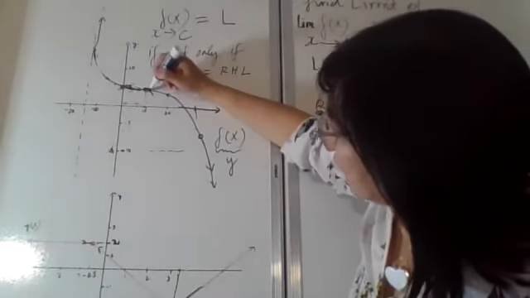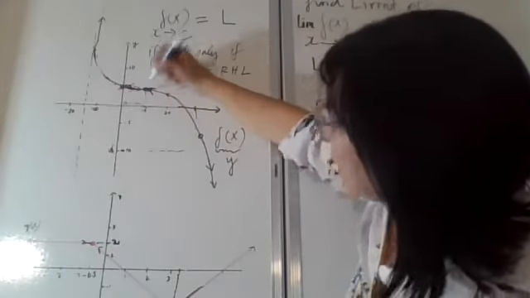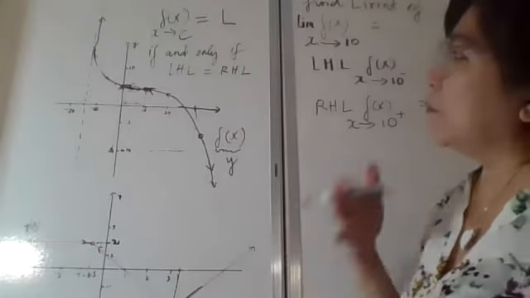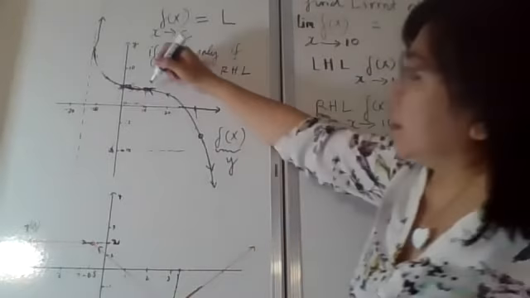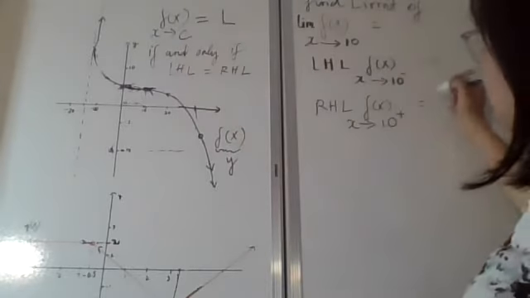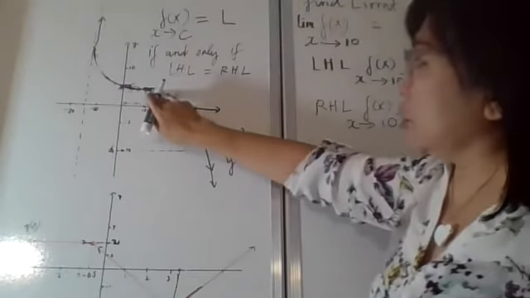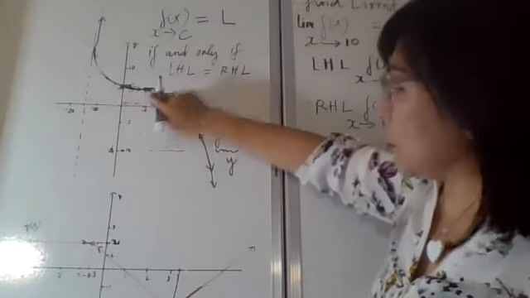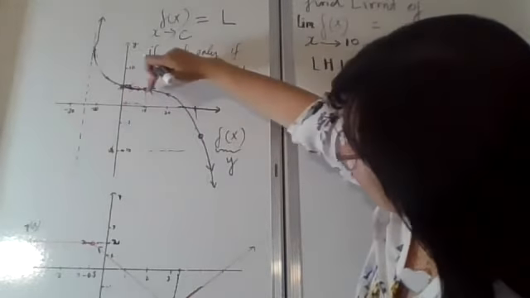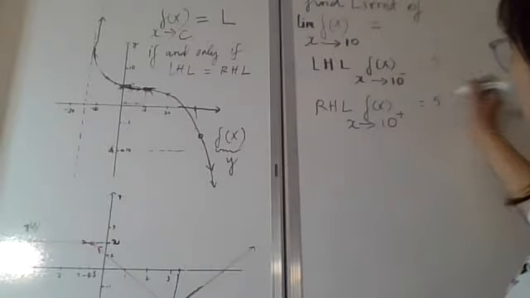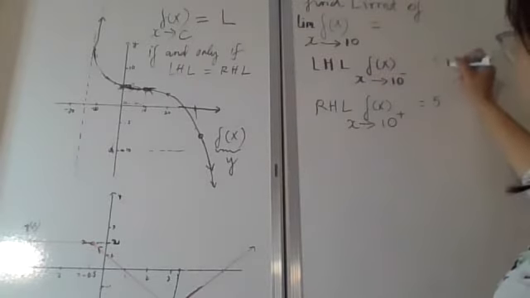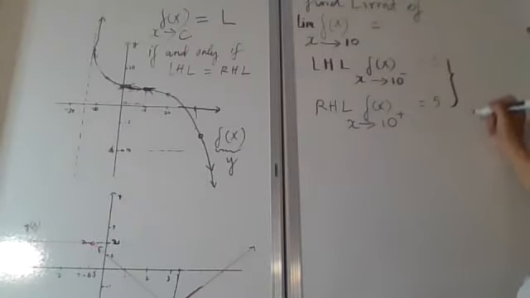So it means very close to 5, but it might not be exactly 5, like maybe 4.99999, right? We also say this is 5. So the y value of the function approaches 5 when x approaches 10 on the right-hand side. Then we compare the left-hand limit and the right-hand limit.